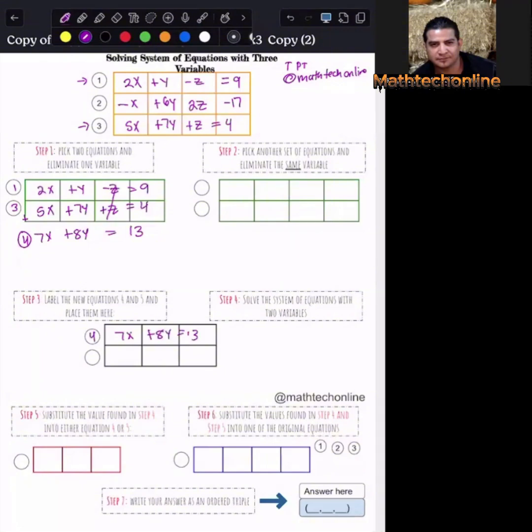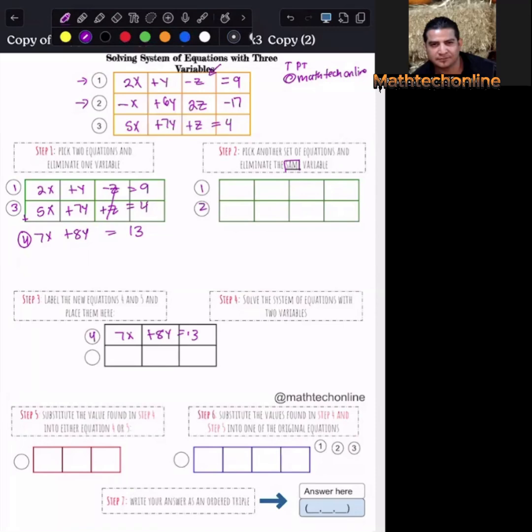Step number 2 says pick another set of equations and eliminate the same variable. The variable that we picked was z. So now let's go ahead and pick 1 and 2. We can also pick 2 and 3, but I will do 1 and 2.